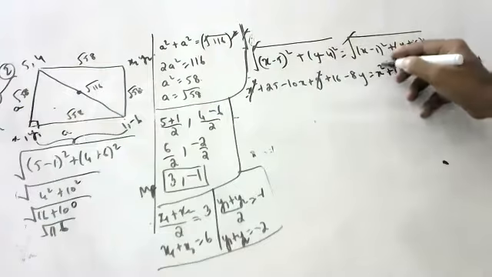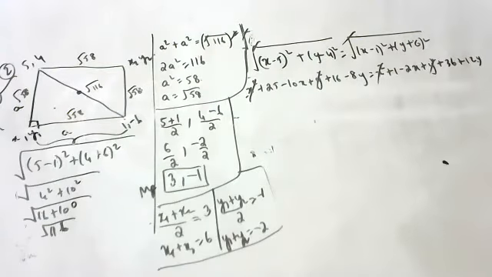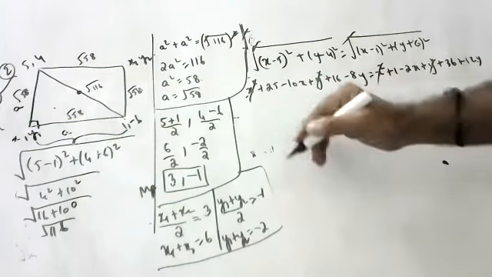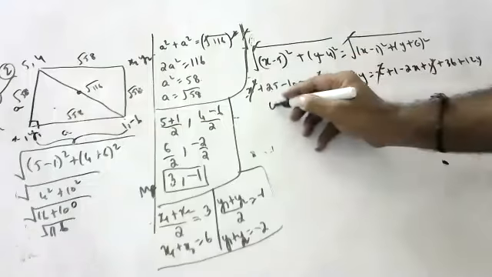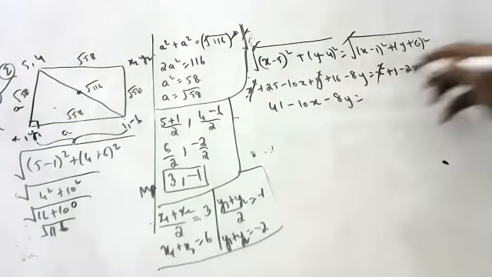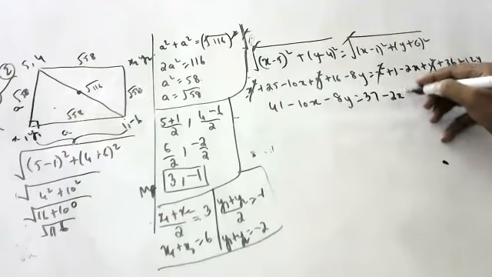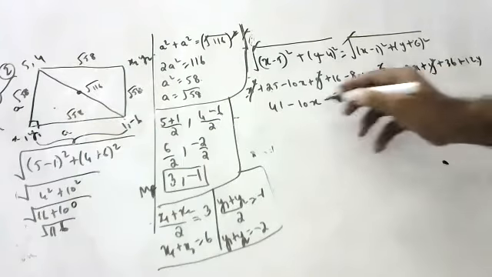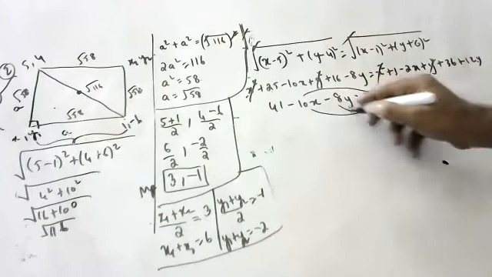X square, y square on both sides cancel. Again, 25 plus 16 is 41, minus 10x minus 8y is equal to 37 minus 2x plus 12y. This will come here, this will go there.